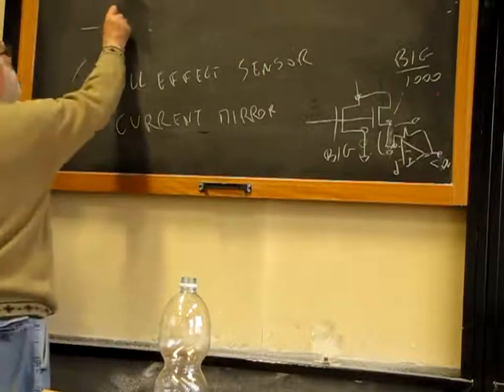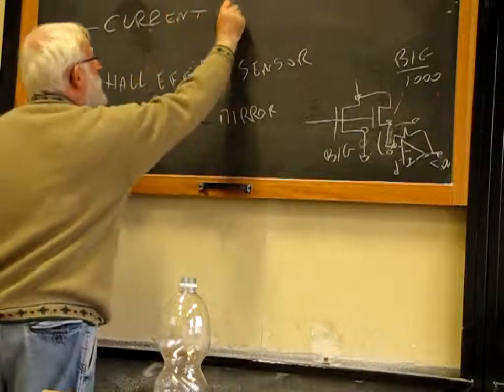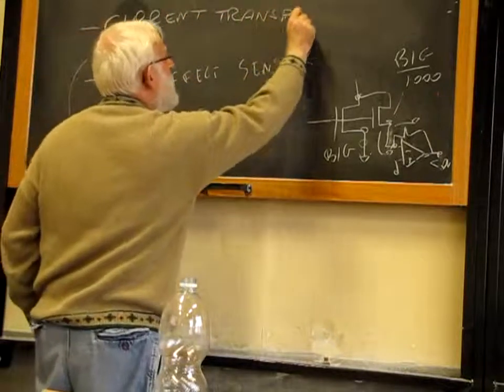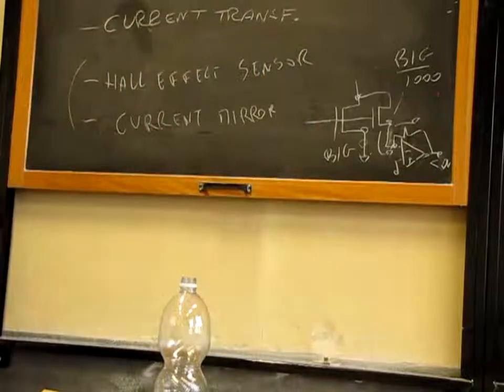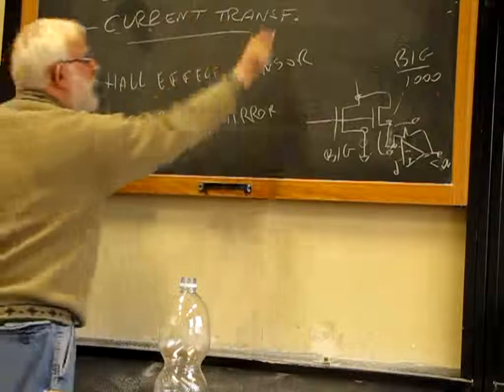And this is the current transformer. In some cases, you need to use a current transformer, otherwise it's a big mess of power dissipation. So the two main methods are the sensing resistor and the current transformer.